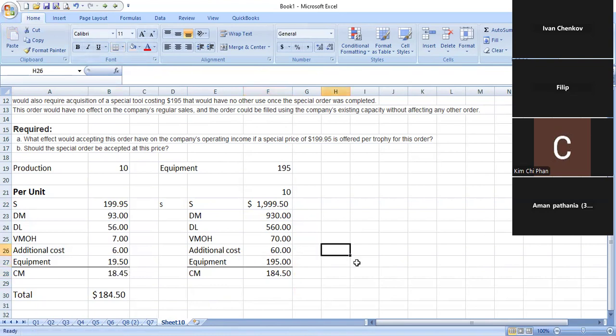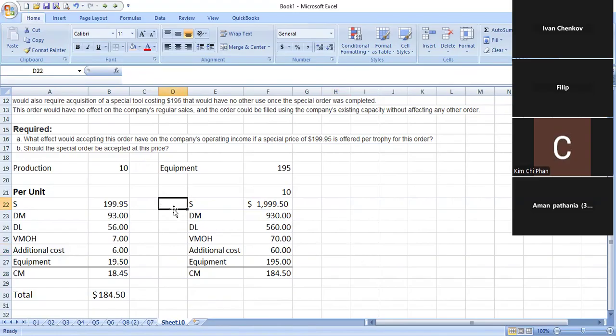So these questions, again, based on how the question guides you, you can go with per unit, or you can stay in the total. Anyway, you're going to get the same result. If you're logically correct, you're going to get the same results.